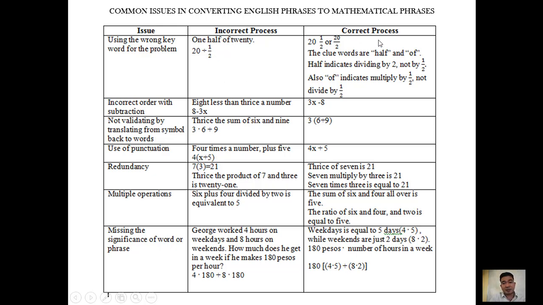So the correct process would be 20 times 1/2 or 20 over 2, since 20 times 1/2 is equal to 20 over 2. The clue words are half and of. Half indicates dividing by 2, not by 1/2. Also, of indicates multiplying by 1/2, not dividing by 1/2.